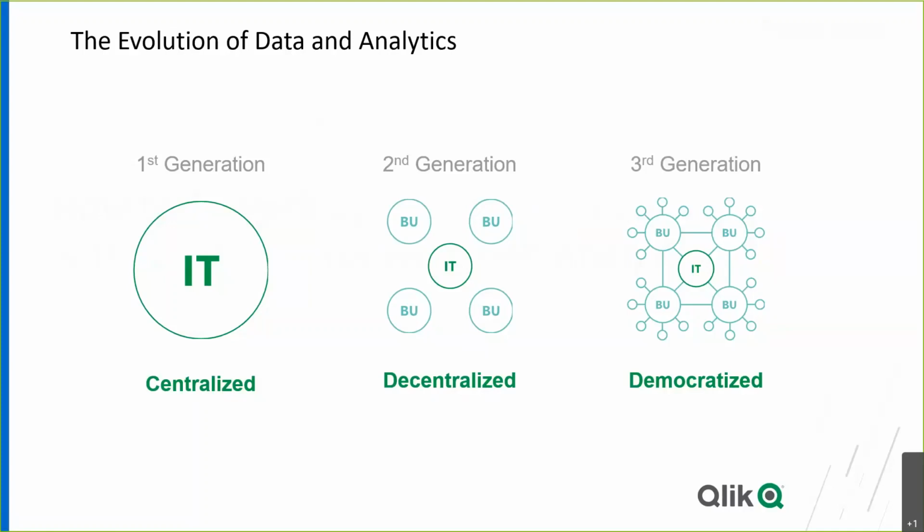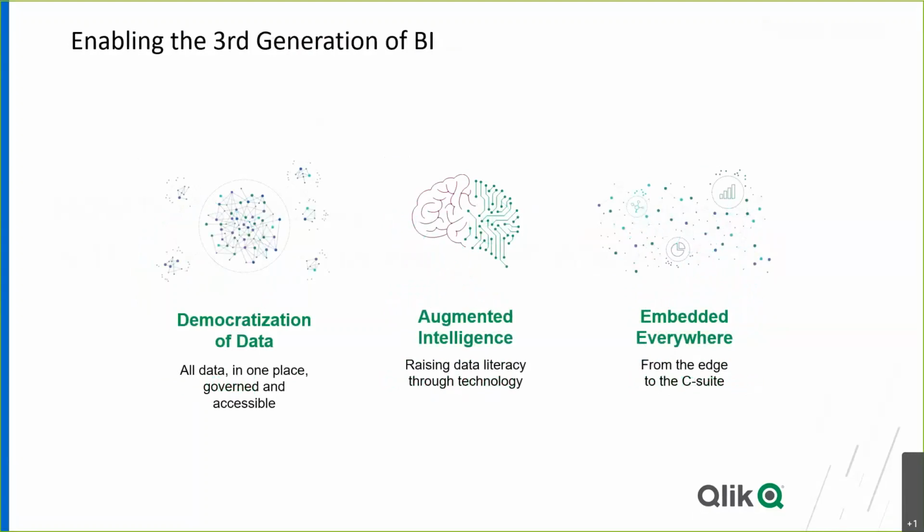So how do we help our customers do this? The third generation of BI is driven by three major shifts, allowing organizations to transform themselves with data. These include the democratization of data. All data, any combination of data, is accessible to all users through governed, analytics-ready, enterprise-wide information catalogs.